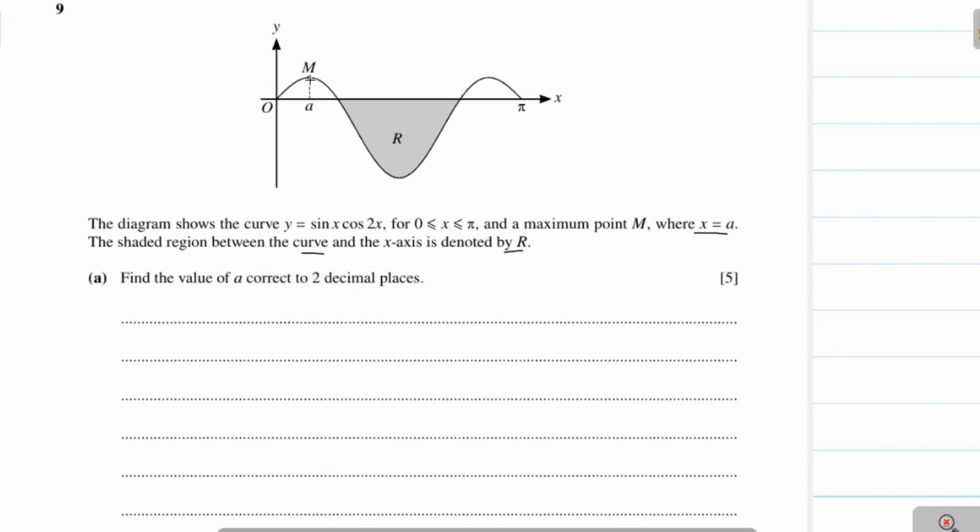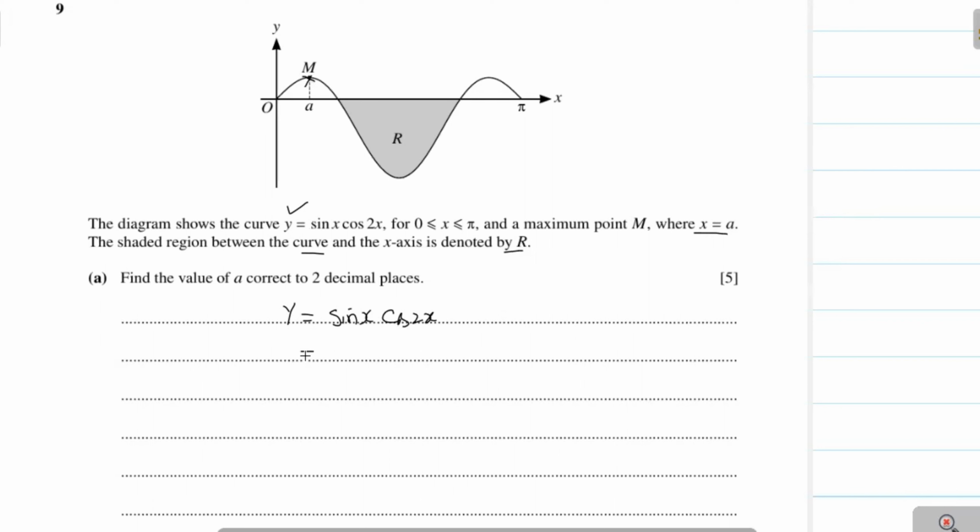You see here, this is the maximum position on the curve where x equal to a, and to calculate the maximum or minimum point on the curve, we take the derivative of this curve. Before taking the derivative, we rearrange this equation. You see here y equal to sin x into cos 2x.